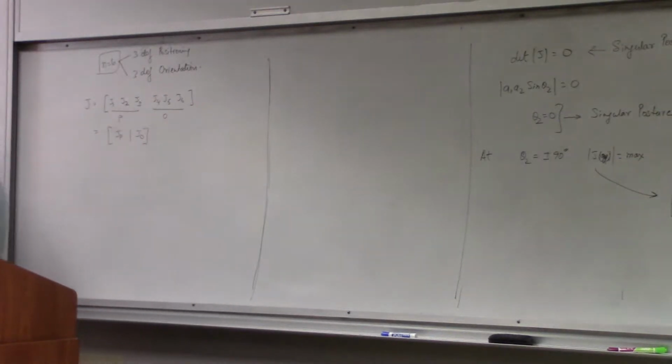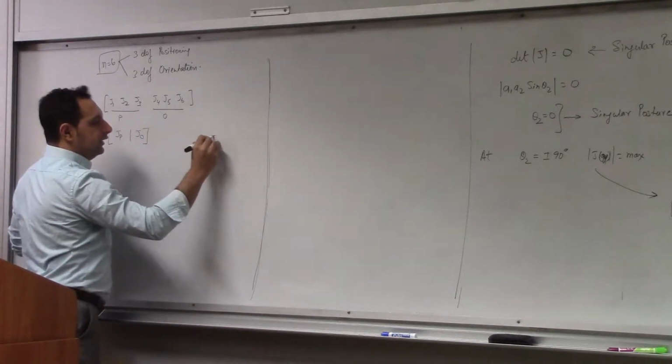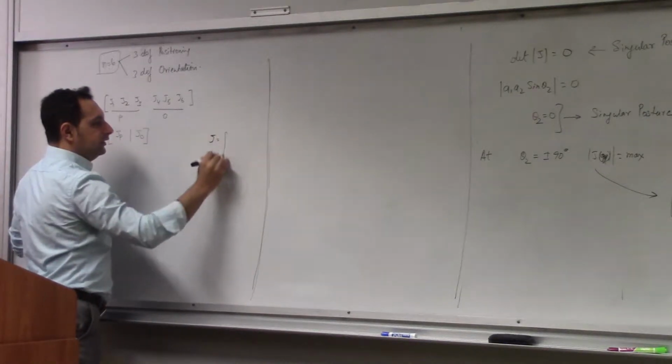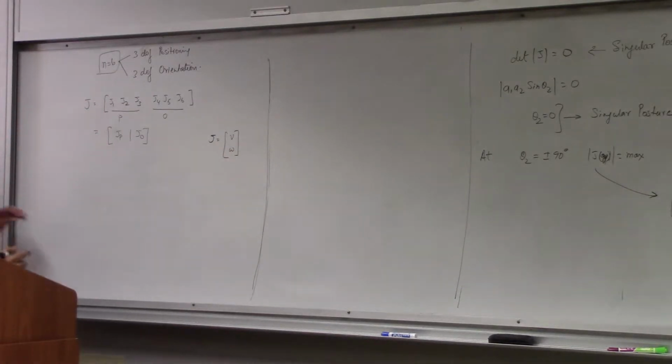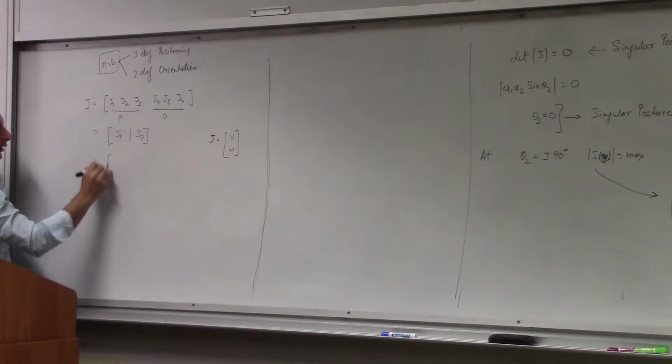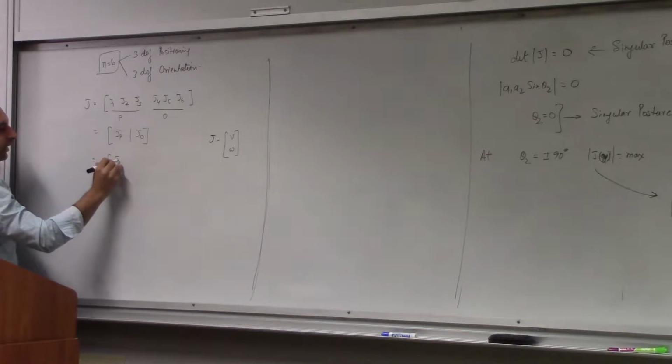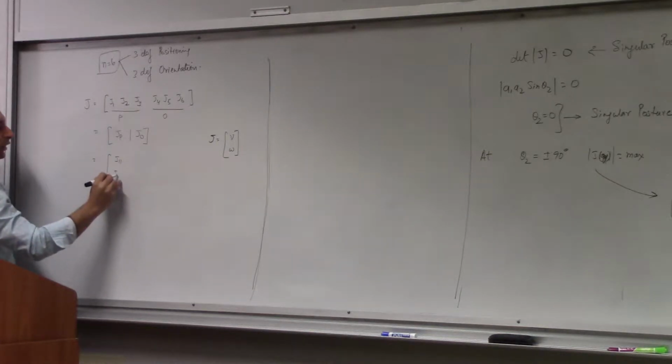Now, we know that every Jacobian column is like this. It has V and omega. So I'll write this as J11, J12, I'm sorry.